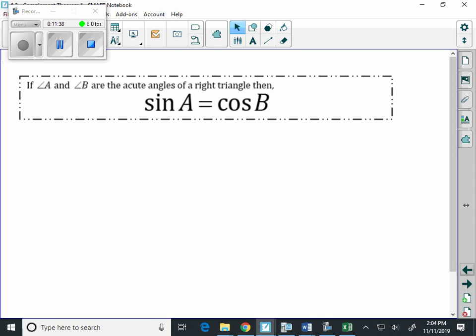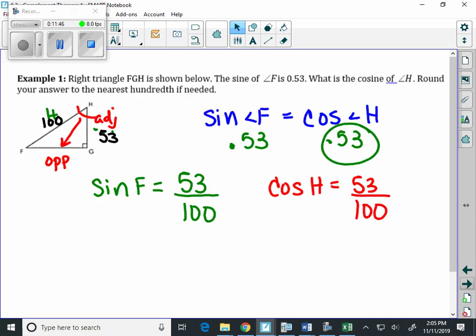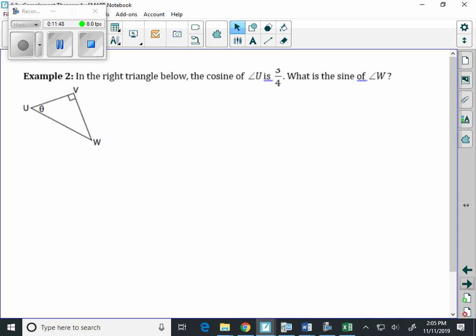Again, for the two acute angles of a right triangle, the sine of one angle is equivalent to the cosine of the other. And we won't take so long on this one. It says in the right triangle below, the cosine of angle U is 3/4. And what is the sine of angle W?